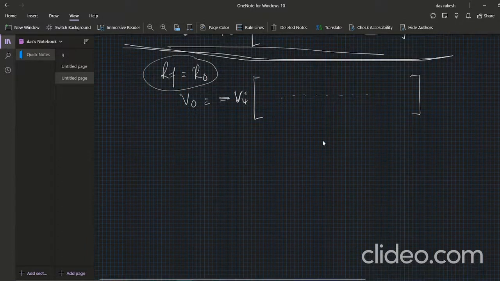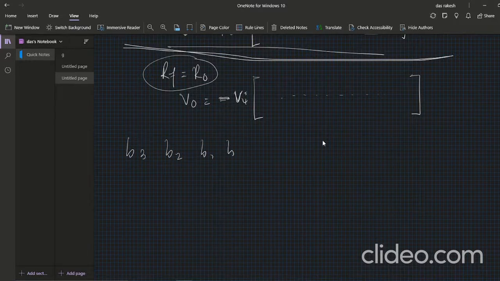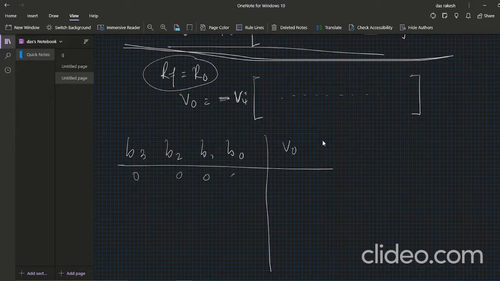Now we form a table with B3, B2, B1, B0, and look at the status of the output voltage. There are basically 16 combinations possible for a 4-bit binary input.